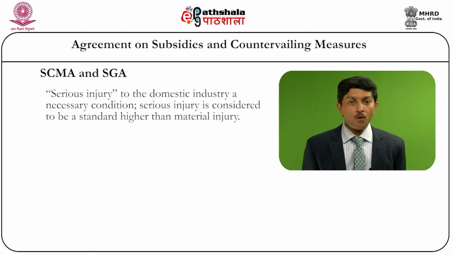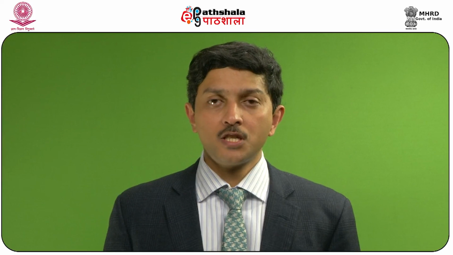So the scope of all these agreements is different, but there is a significant amount of commonality in the nature and the methodology applied for imposition of duties. If you look at the anti-dumping, subsidies and safeguard agreements, there is a significant amount of convergence with respect to the determination of unfair practices and with respect to the determination of injury and causal link.